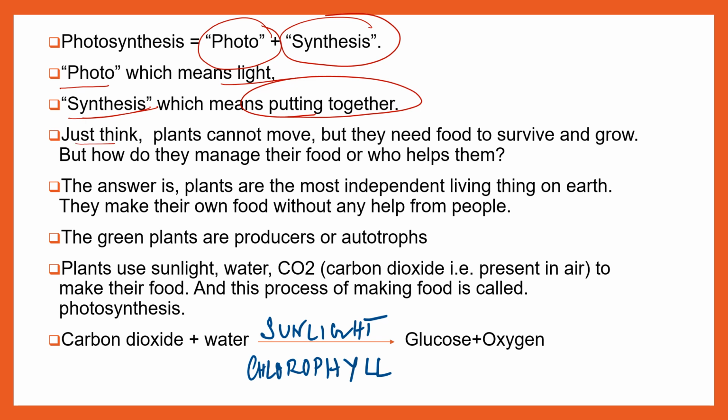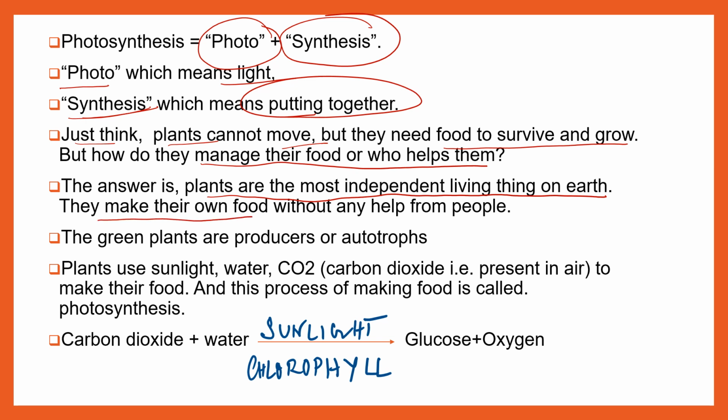Just think, plants cannot move, but they need food to survive and grow. They can't move from one place to another to buy food or collect food, like animals, and they can't prey on animals either. But how do they manage their food? Who helps them? The answer is that plants are the most independent living things on earth.